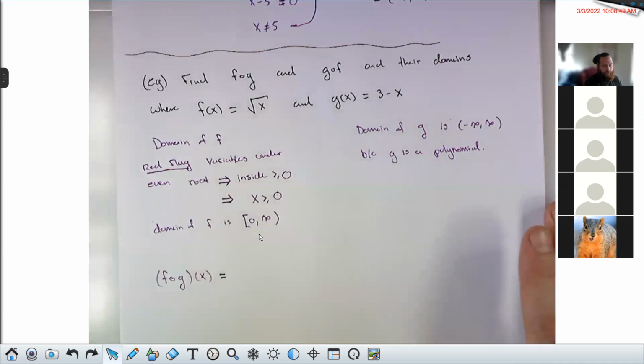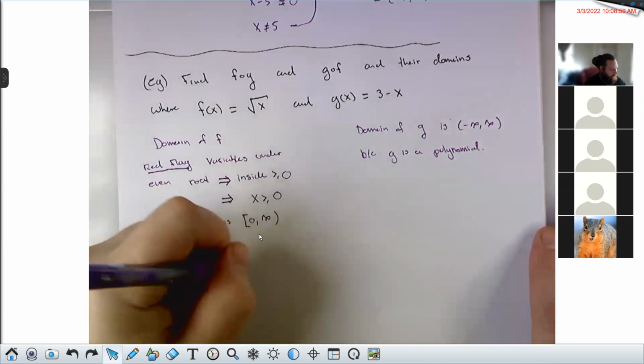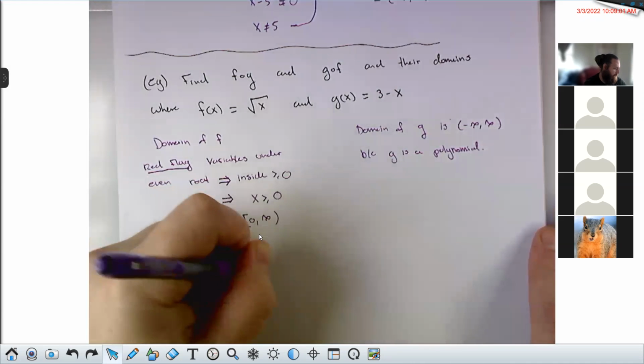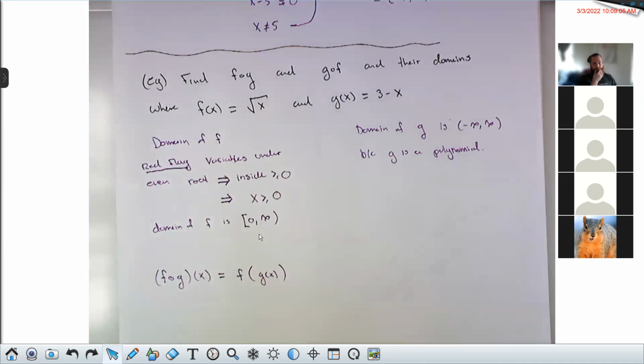And like we said, the only reasonable place to begin is with the definition, with the rule. f circ g of x, or f of g of x, is what you get when you plug g of x into f.